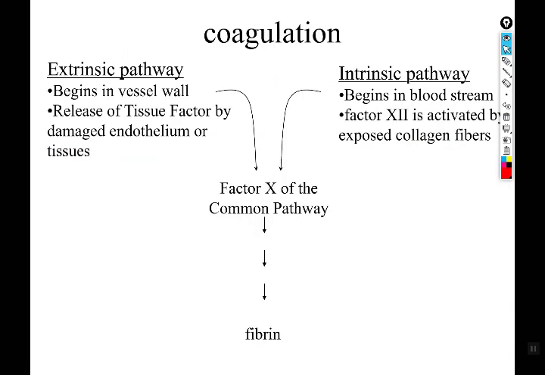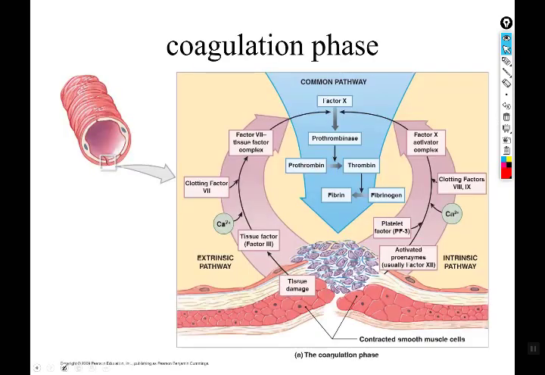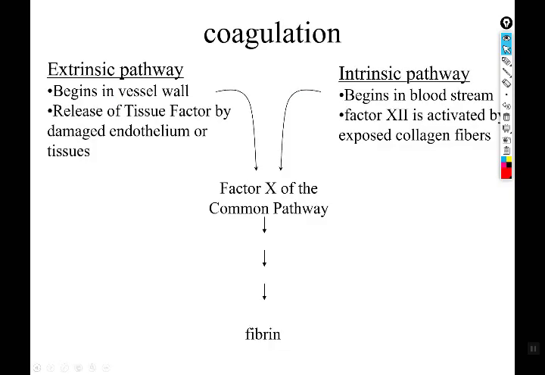Okay, so I mentioned that I didn't want you to memorize every single factor in the coagulation pathway, and that's true. So instead, we're going to focus on this slide here. One thing I do want to point out is the extrinsic pathway begins in the vessel wall.